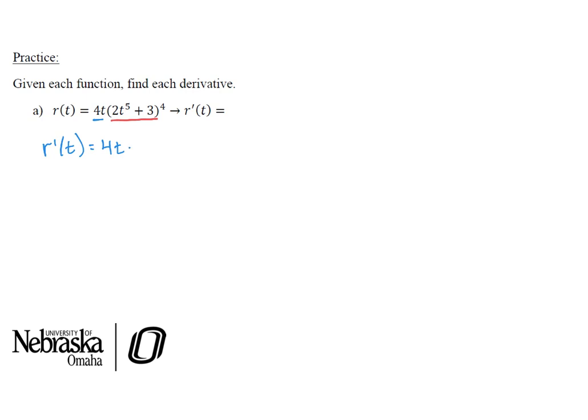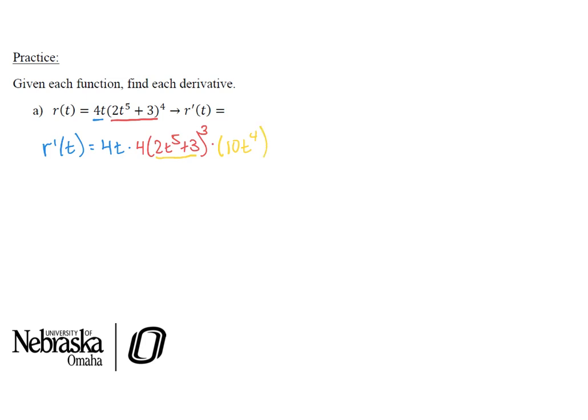When we take the derivative of, let's do it in red so we can follow what we're doing, we multiply the 4 out front, and then we decrease the exponent by 1, and then we multiply by the derivative of what's inside the function, the chain rule. So now we're multiplying by the derivative of 2t to the 5th plus 3, which would be 10t to the 4th plus 0, or just 10t to the 4th.